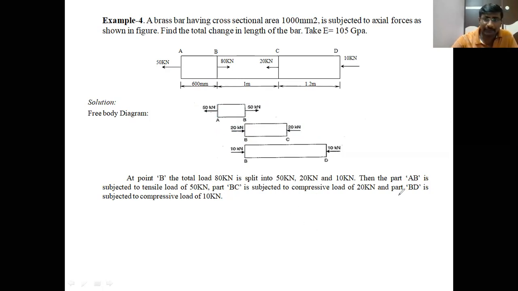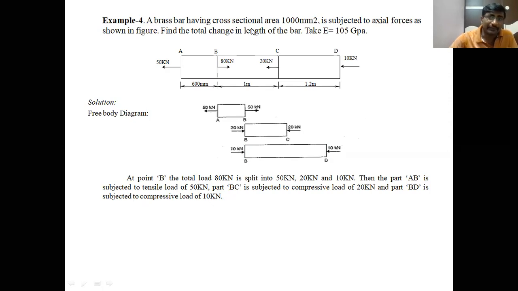And also the third part, BD, is subjected to a compressive load of 10 kilonewtons. This 10 kilonewtons also has the nature of compression. So due to this 10 kilonewtons, the BD section is also compressed and decreases its length.